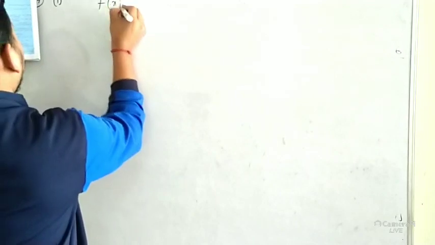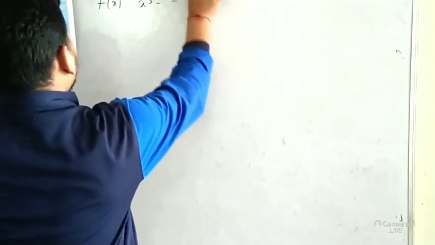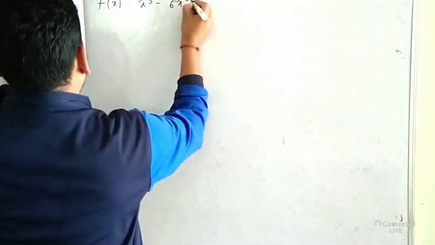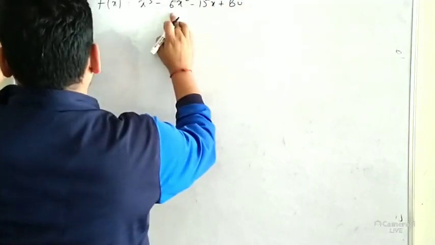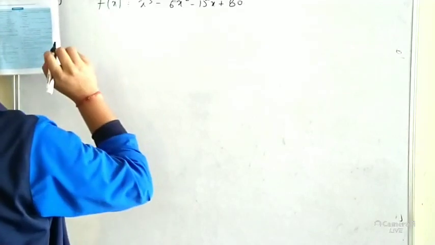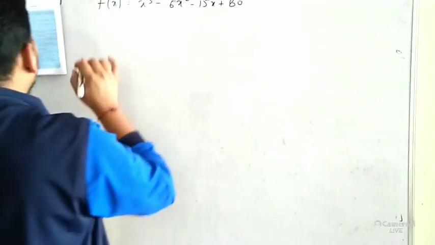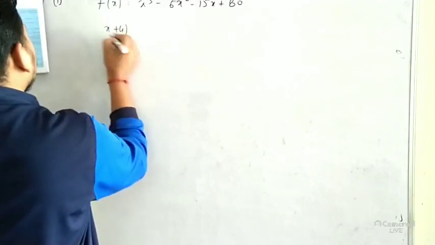Let the function f(x) be the expression x cube minus 6x square minus 15x plus 80. What number must be subtracted so that the result is exactly divisible by x plus 4?